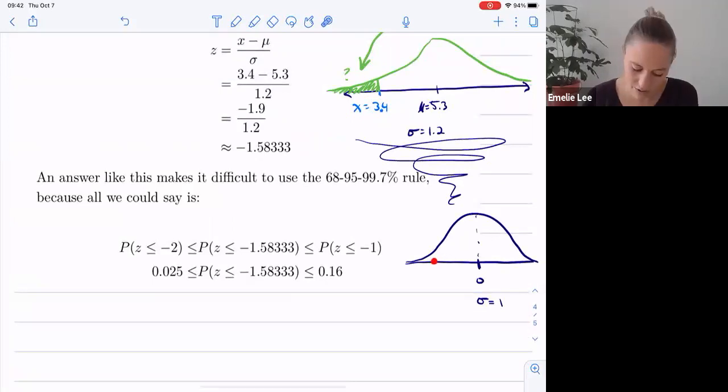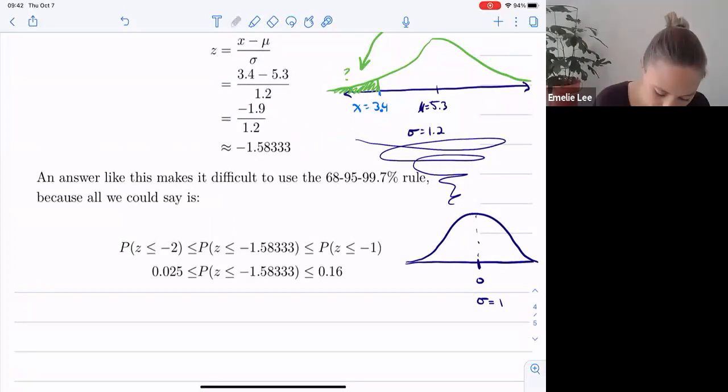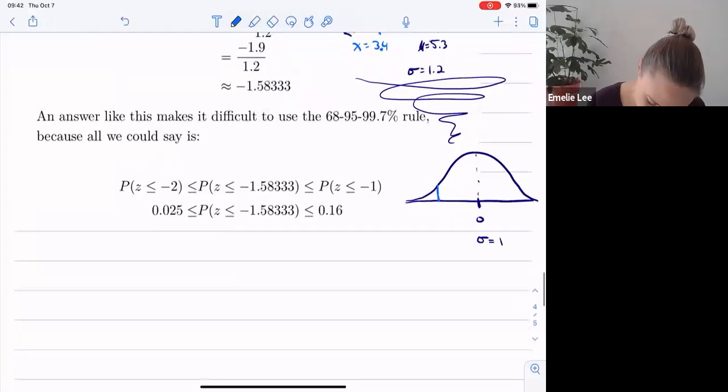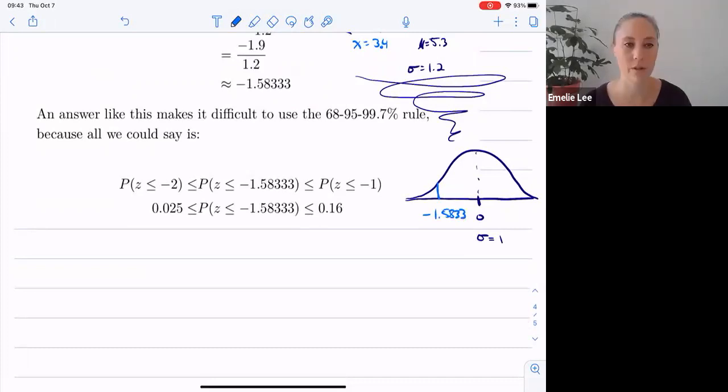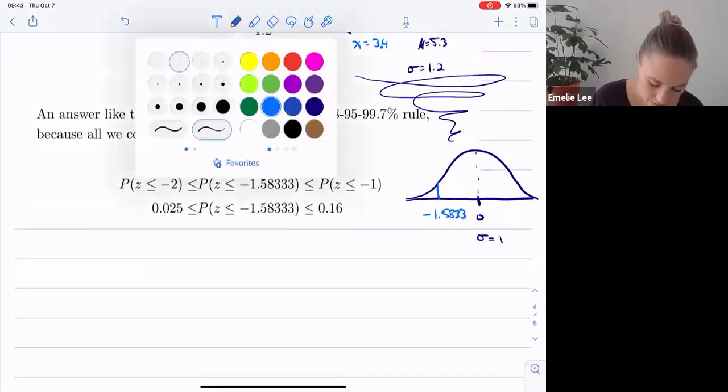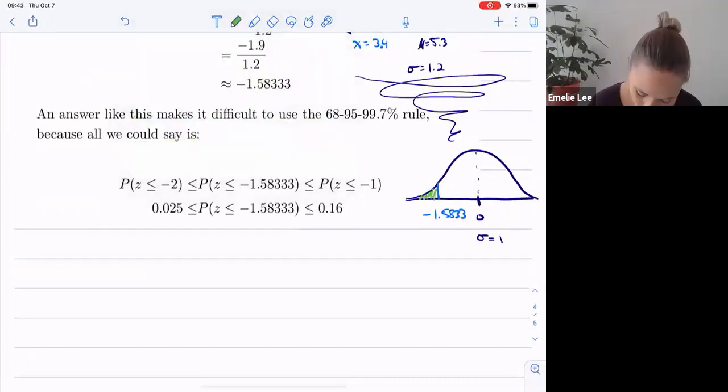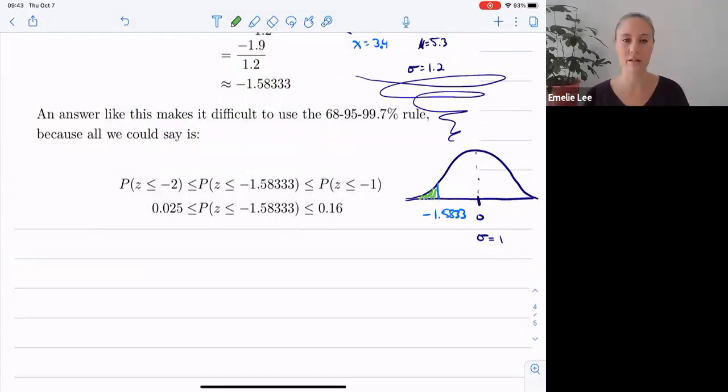So it's going to be down here, but it's the exact same situation, right? So here, this observation is at negative 1.583. Then the area that we want here is still that area.